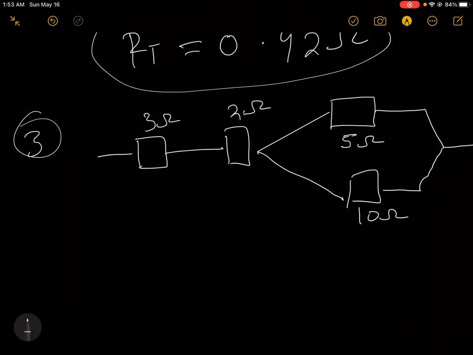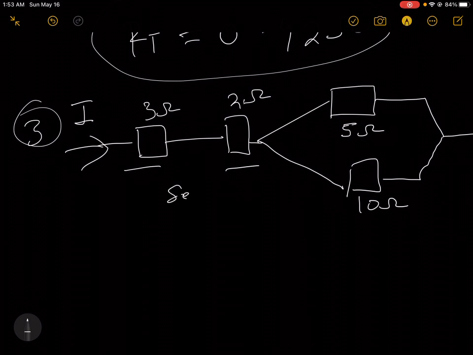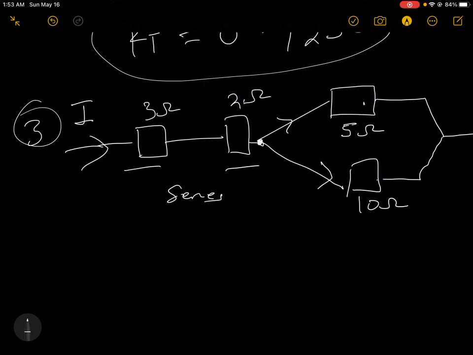Now these look more complicated, but it's simple though. So this current starts from here, same current passes through here, and anytime same current passes through, it means they are what? Series. This is series, but when the current gets to this place, it divides. So it means that these two are in what? Parallel. So we solve this in series, we solve this in parallel, then we add them together.